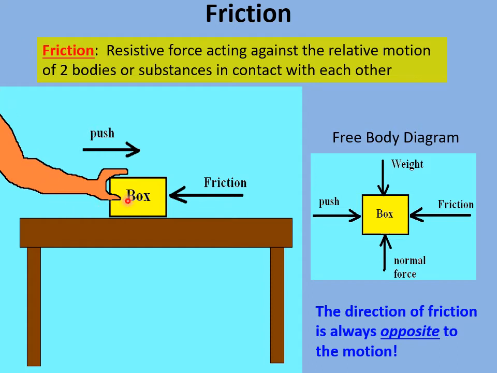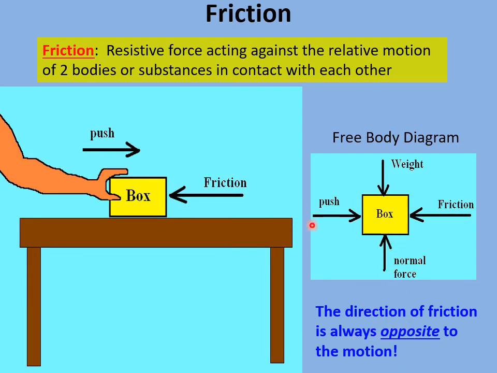Likewise, if you take a box or a book, you can do this right now at your table where you're sitting. If you push the object across the table, just slide it slowly across the table, there will be a force of friction opposing your motion. So if you're pushing the box to the right, the friction force points to the left. We always know which way friction points. The direction of friction is always opposite to the motion.